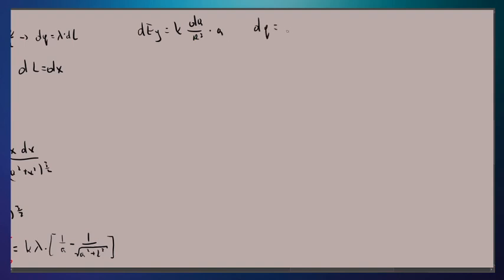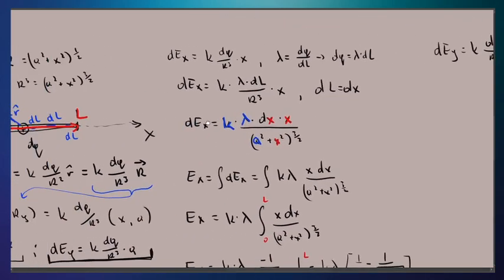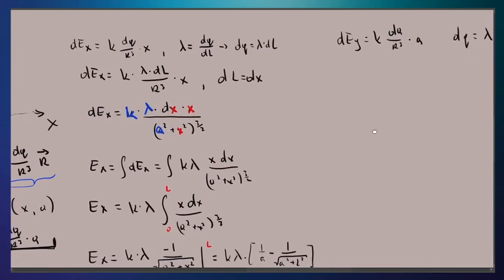So dq is lambda times dl, but dl is just dx, so this becomes lambda dx. And the other piece is that r cubed was a squared plus x squared to the 3/2. Let's make sure that's what it was. To the 3/2. Yes, okay.